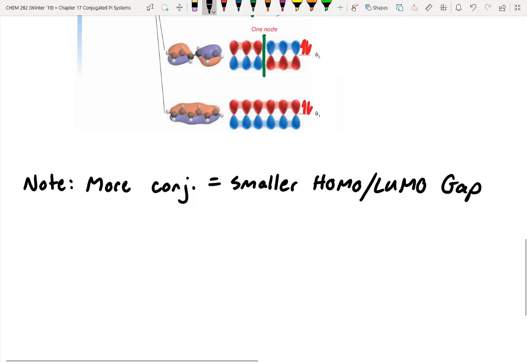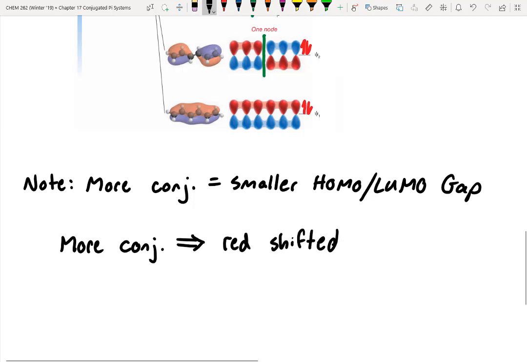But the big takeaway from this is more conjugation, because it has a smaller Homo-Lumo gap, can be excited with lower energy light, meaning more red-shifted light, if that makes sense. So more conjugation indicates that the molecule is going to get red-shifted.